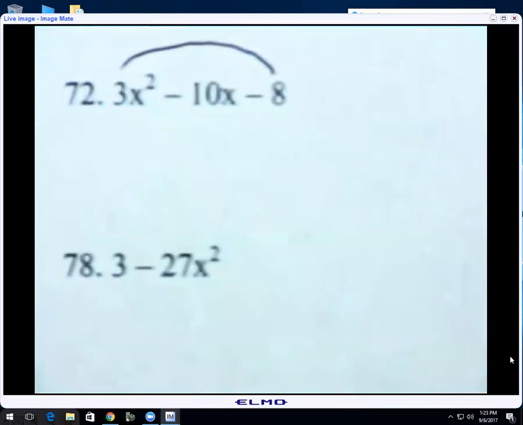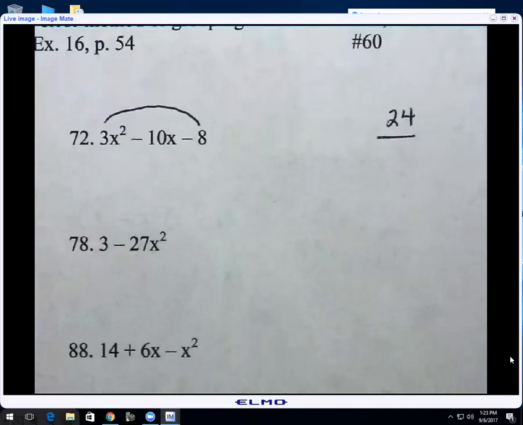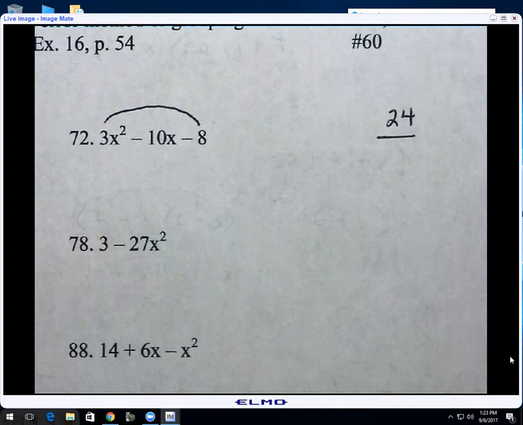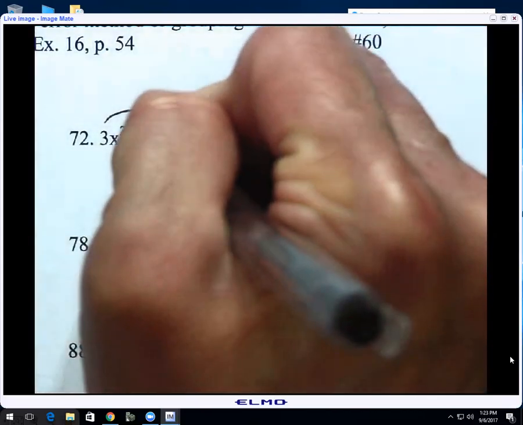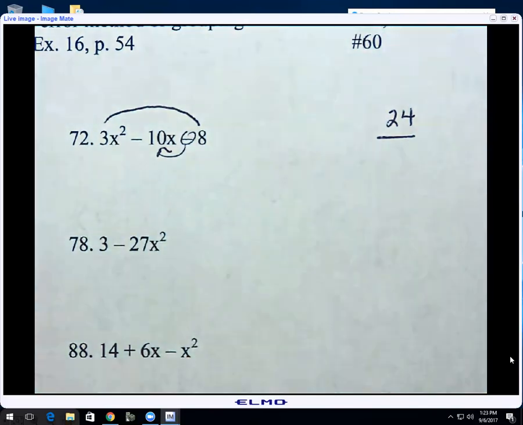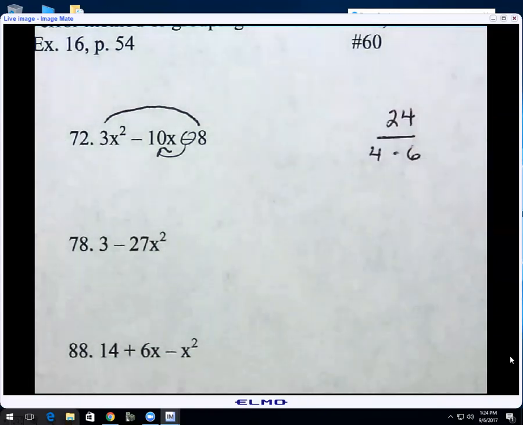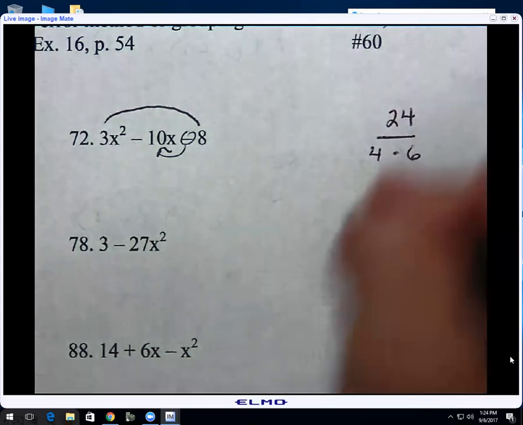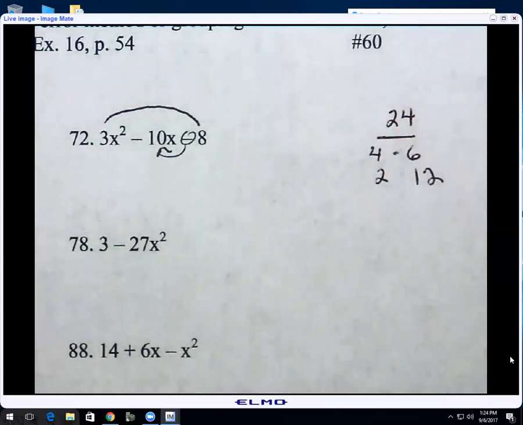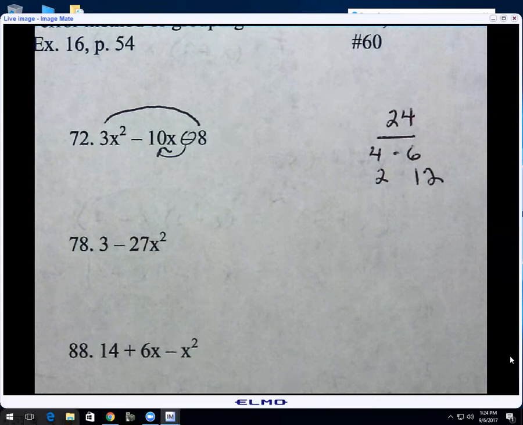You multiply the 3 times the 8 is 24. And you say, I need factors of 24 that have a, guess what? Difference of 10. I need factors of 24 that have a difference of 10. So I'm not going to pick the 4 and the 6. They have a sum of 10. I'm going to pick the 2 and the 12. And what would the signs of the 2 and the 12 have to be if I was going to combine them and get a negative 10?